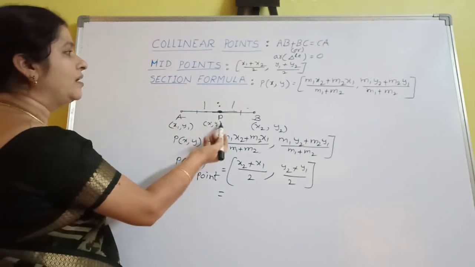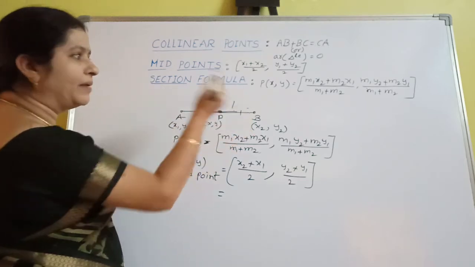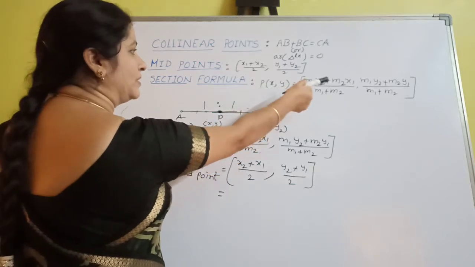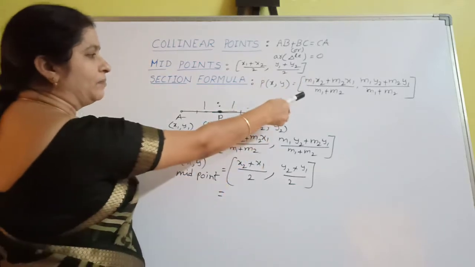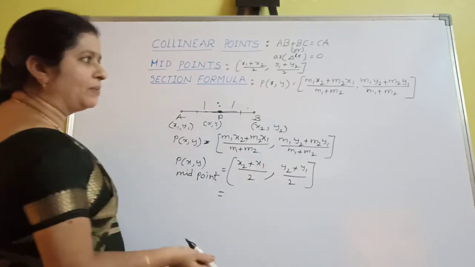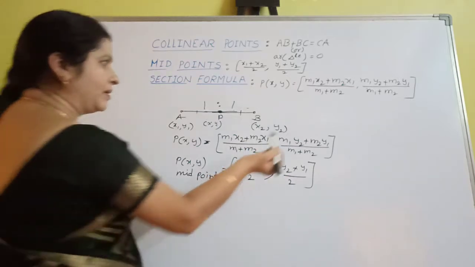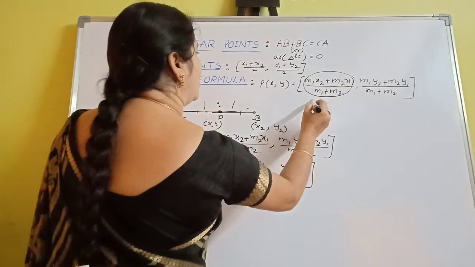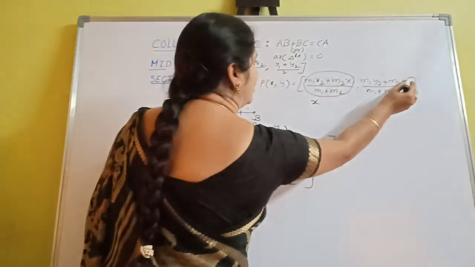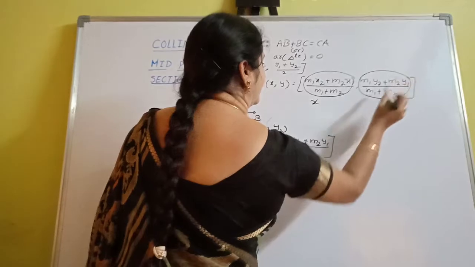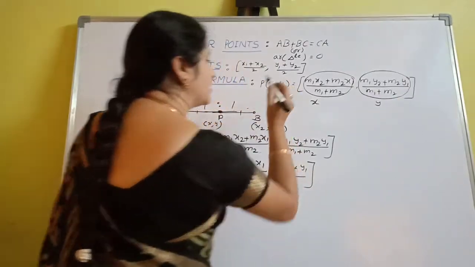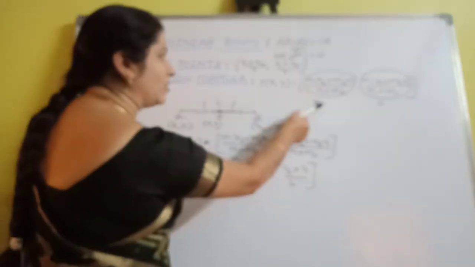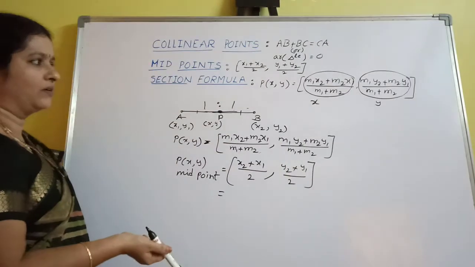Find the point that divides the line segment in the ratio. So what is the formula? (m1x2 + m2x1) by (m1 + m2) and (m1y2 + m2y1) by (m1 + m2). This is all the x coordinate and this is all the y coordinate. Remember that P(x, y) is a point. In this point, first one is x coordinate and second one is y coordinate.